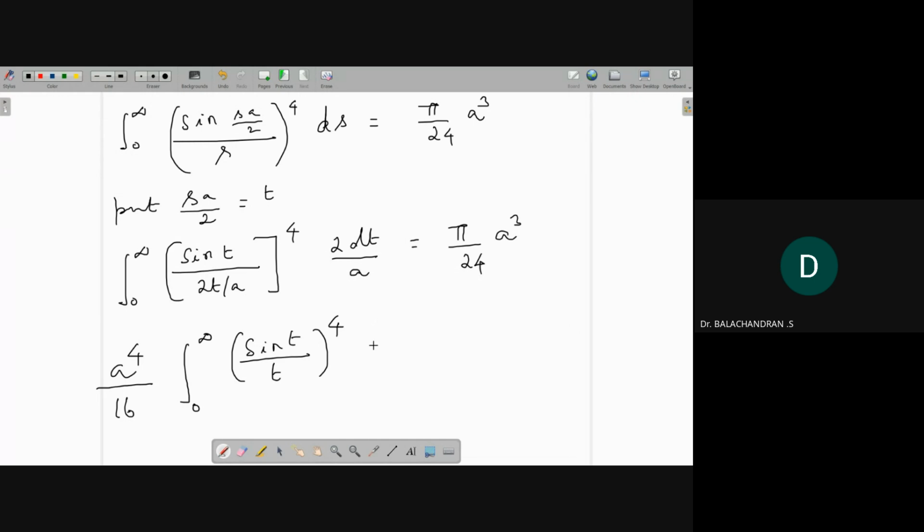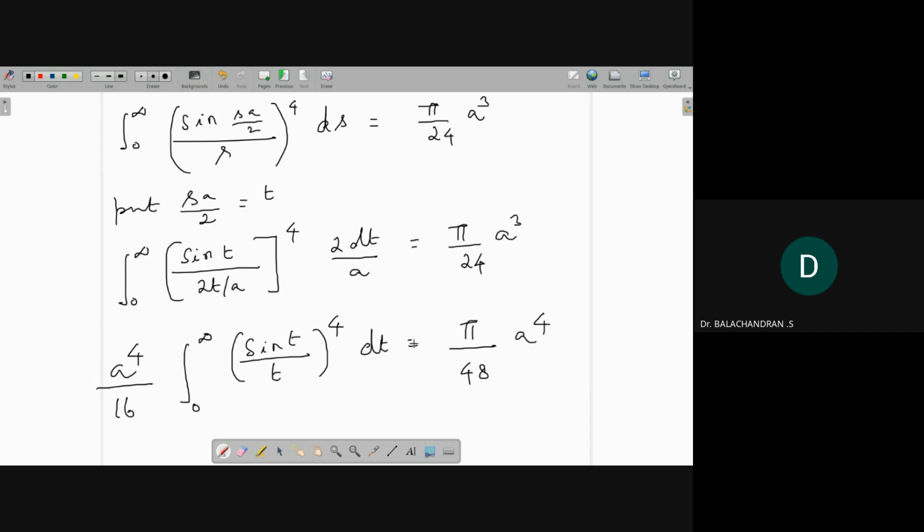Or you can write dt, pi by 24 into 2, 48 a into a cube, a power 4.